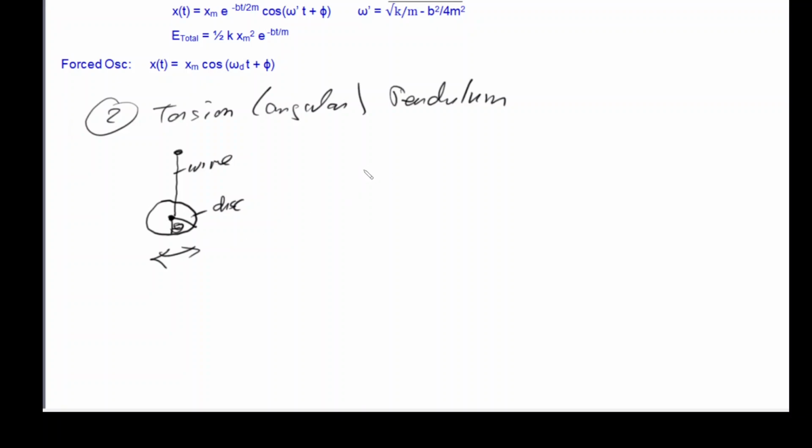If it's rotating through an angle theta, then the torque that is rotating it is equal to minus capital kappa times theta, where this is defined as the torsion constant.